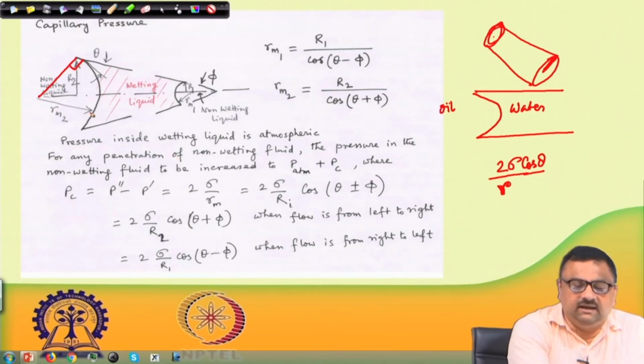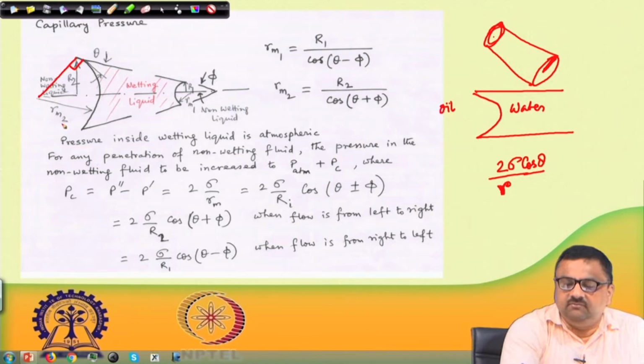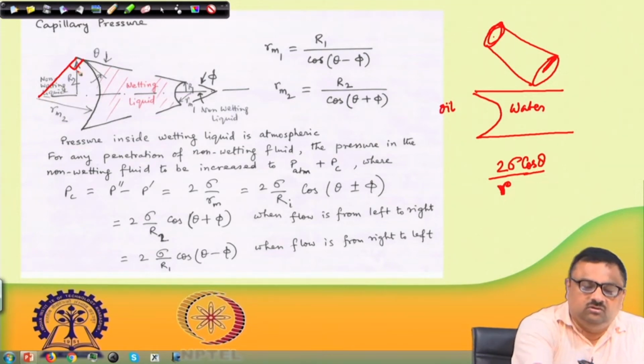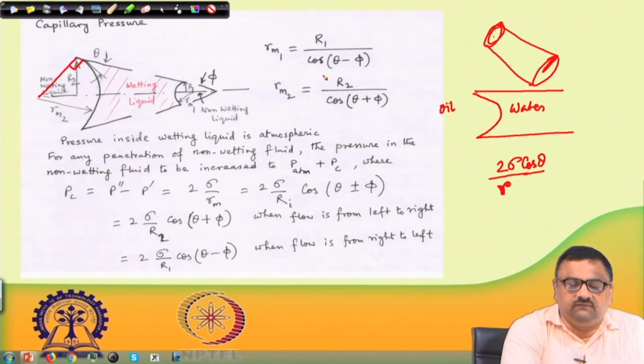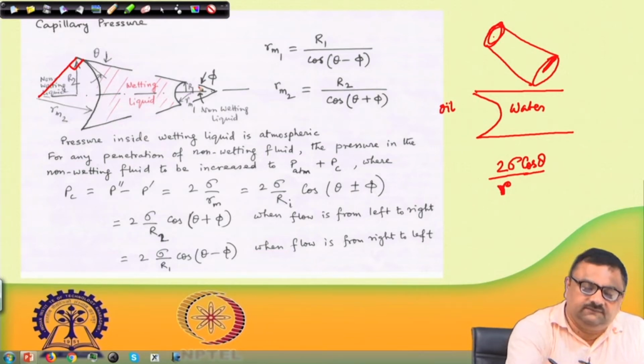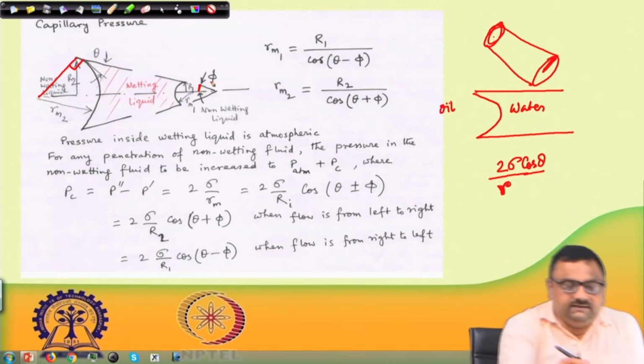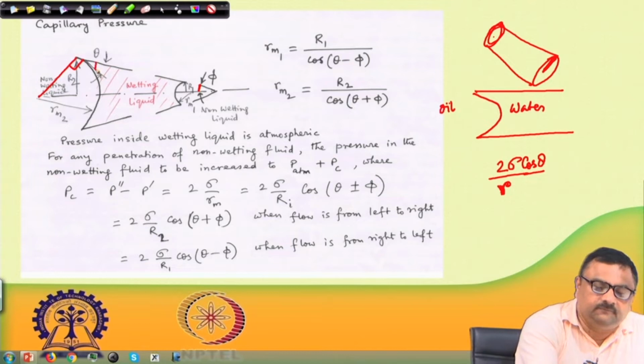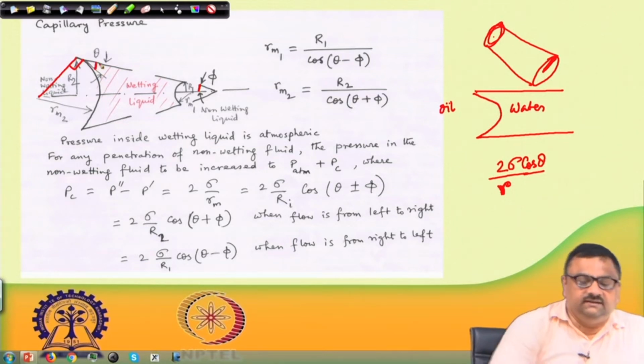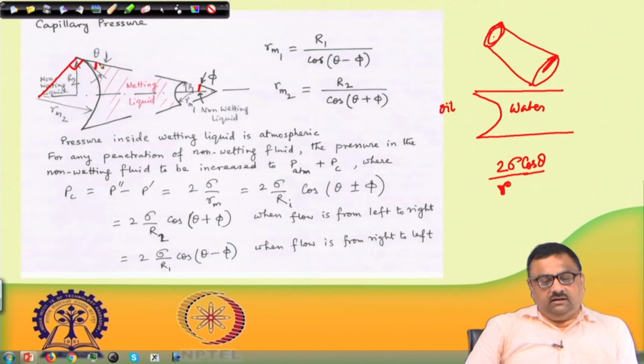One can say that Rm2 will be equal to R2 divided by cos of theta minus phi. What is phi? This particular angle is phi and this angle is theta.